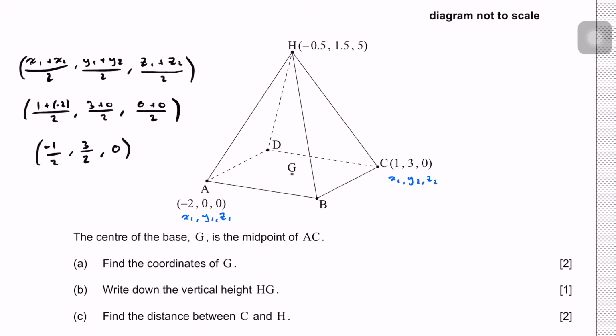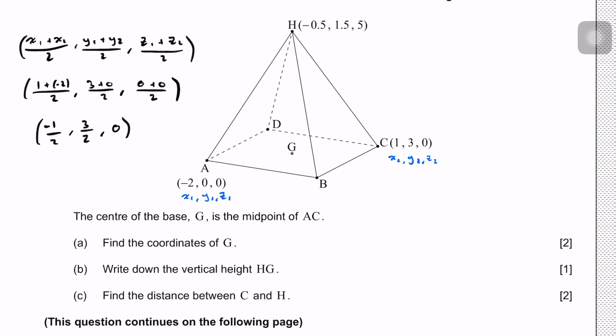And then of course the z coordinate, since this is on the base, there's no vertical height that we move up or down. This point G is also going to have no vertical height. It's just going to be at the base of 0 as well. So just confirmation as well: where is this midpoint? Right underneath the vertex. It's going to have the same x and y coordinates, which it does, except it's not going to have any vertical height. And there it is.